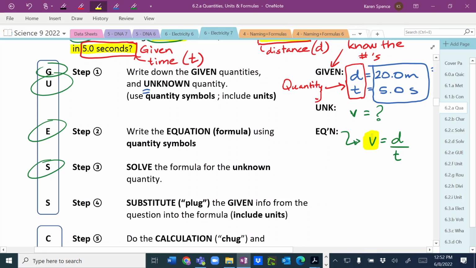Yes, we do. There it is. Velocity is by itself on the top on the left. So solve means you have it on the top by itself on the left.